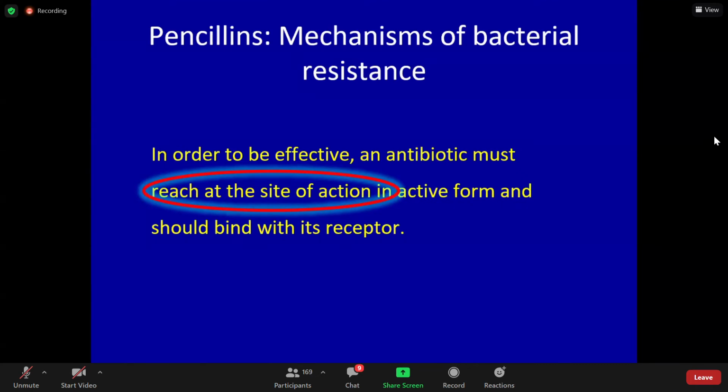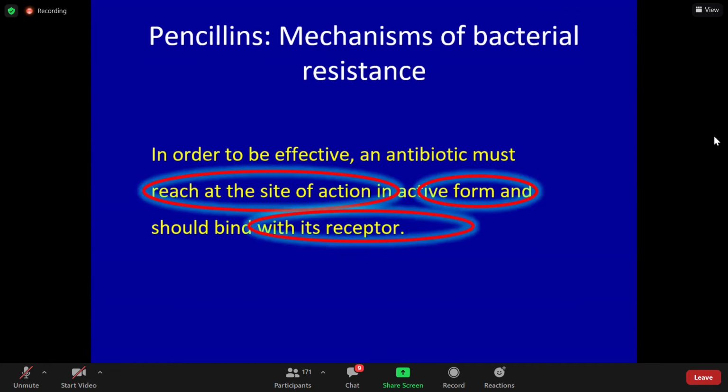The second keyword: active form. Whenever you give it, it has to be in such form without any modification. And the third is binding with the receptor. If anything happens in these three keywords, that confers resistance on the bacteria towards that particular antibiotic.